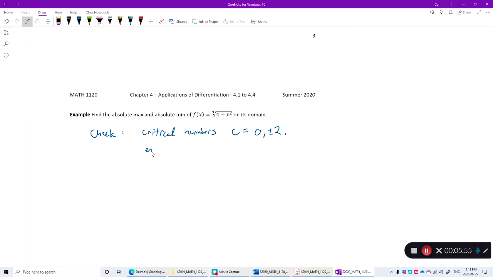And we're going to check the endpoints, which are x equals, oh, well, what is the domain? We don't know the domain, but we have to do that first. So the endpoints, which we don't know yet. Are there endpoints? Let's think about the domain here.